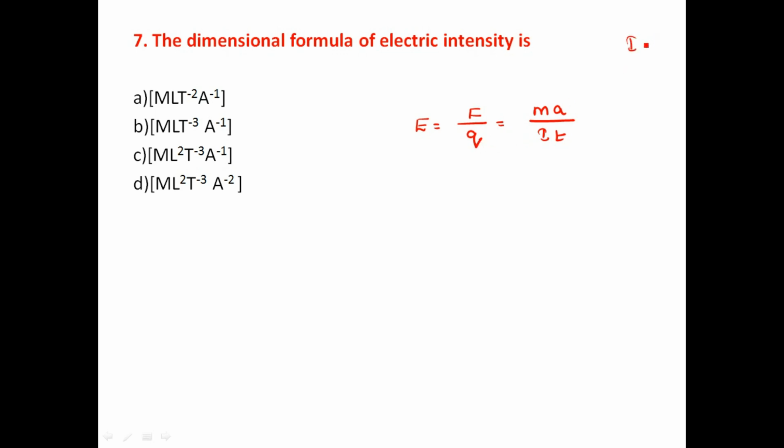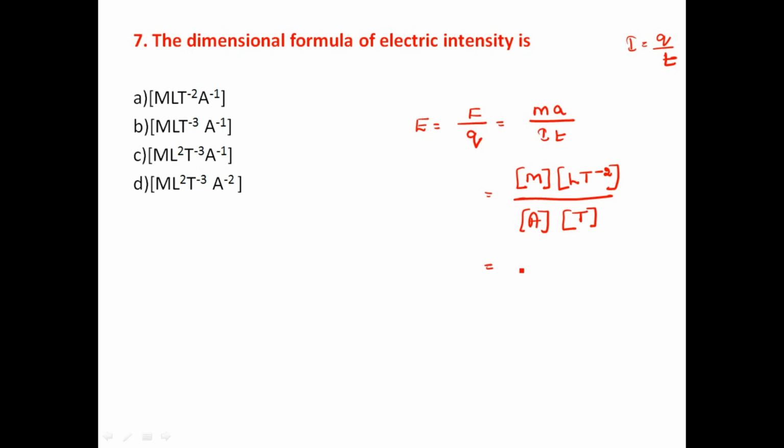Since I is equal to Q by T and force is the product of mass into acceleration. Dimensional formula for mass is M. Dimensional formula for acceleration is L T power minus 2. Dimensional formula for current I is A. Dimensional formula for time is T.